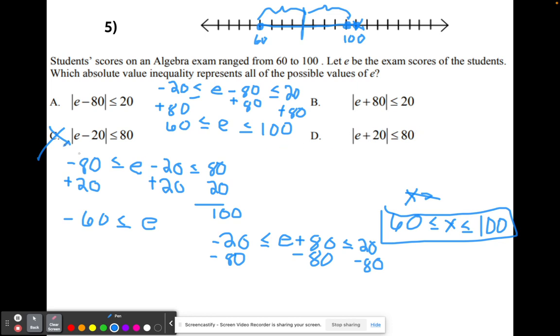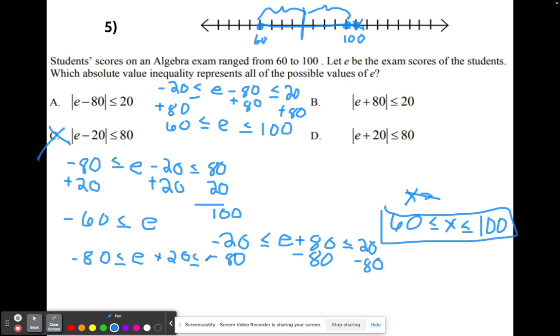And this one, very similar to the other one, when I have my negative 80 and subtract my 20 from that, I'm going to get negative 100.